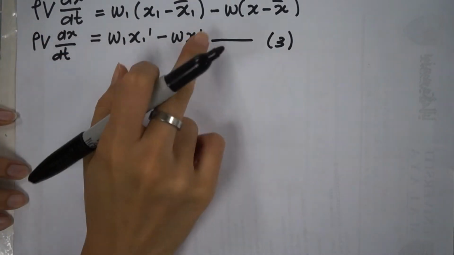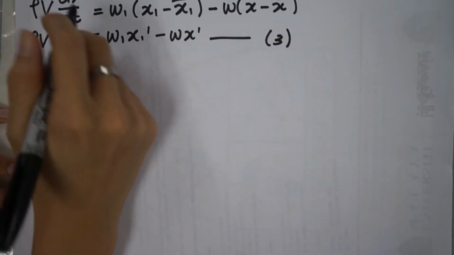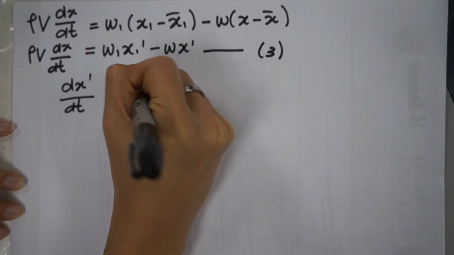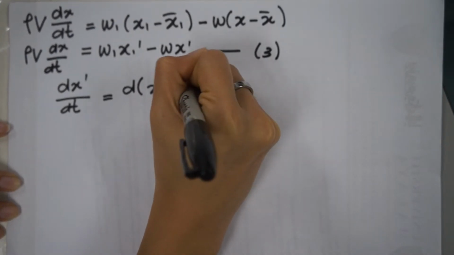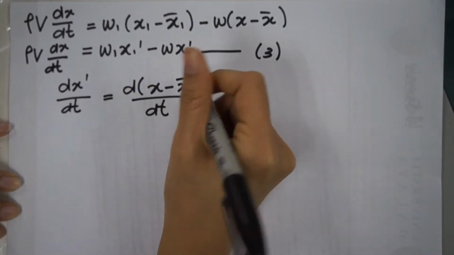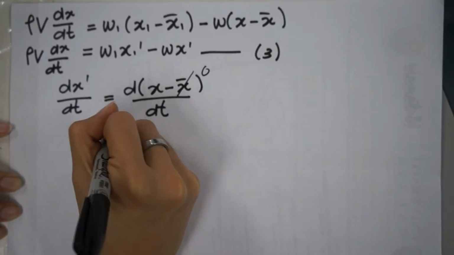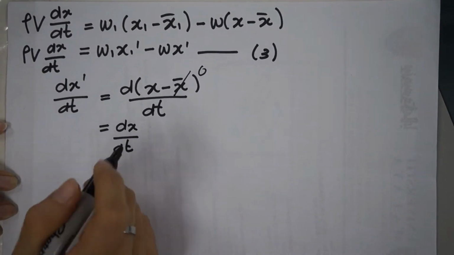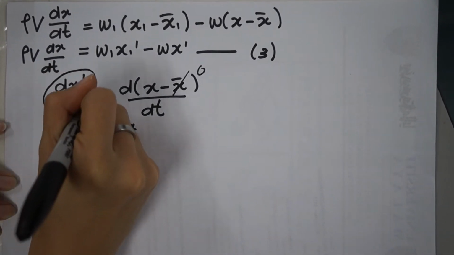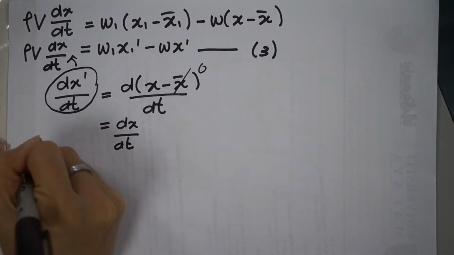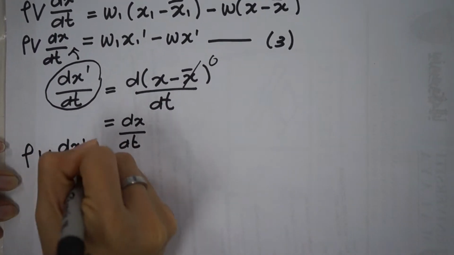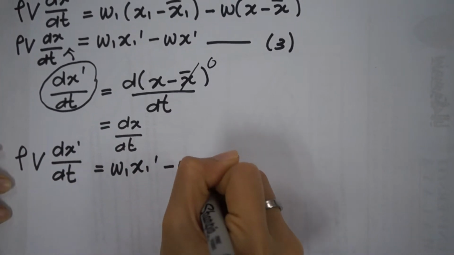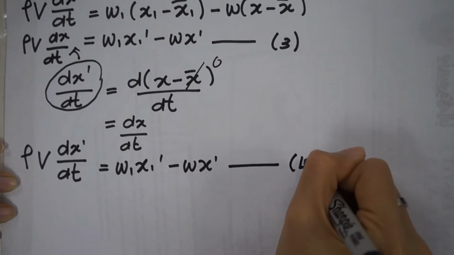Notice that we have x prime and this is still x, so we want to change this here, and we define it like this. Correct? And at steady state it is equal to 0, so dx prime over dt is equal to dx over dt. We can put this into here. So at the end, we should have this, and this is equation 4.